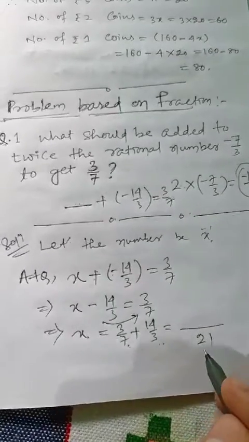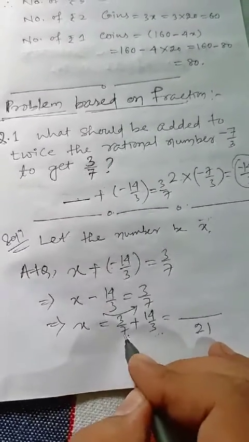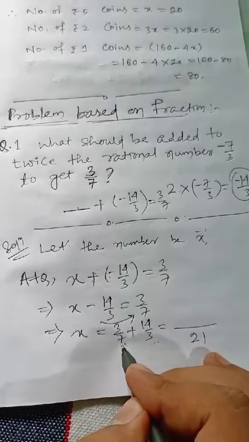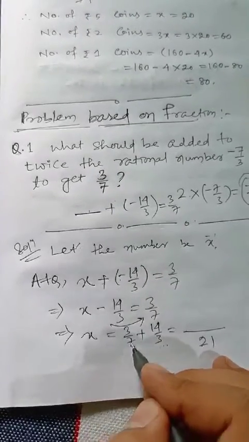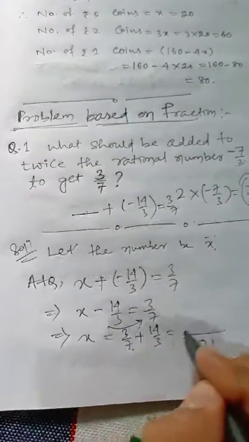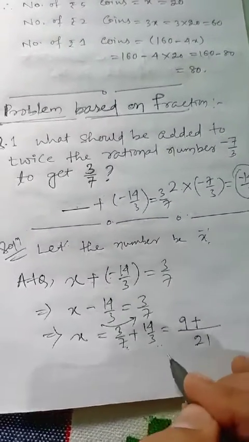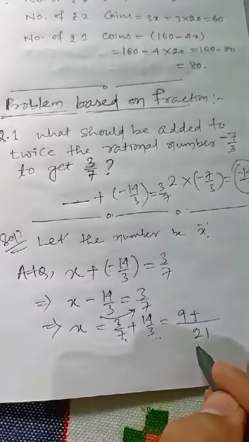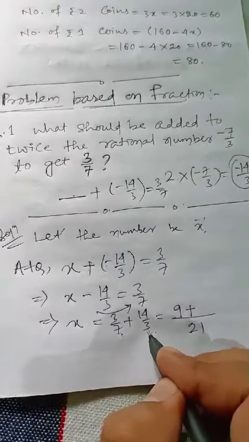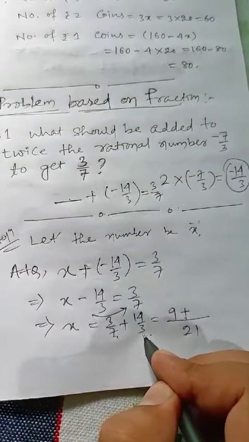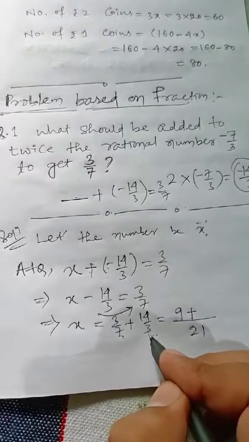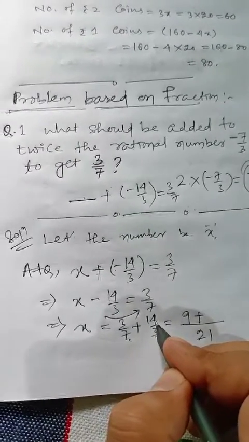Next, what will you do? 21 divided by 7, the first denominator, gives 3. Then we multiply 3 with the numerator: 3 threes are 9. I will write 9 here. Then plus, next 21 divided by 3 gives 7, and again we multiply 7 with 14.